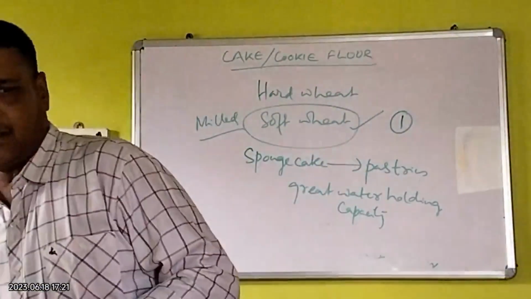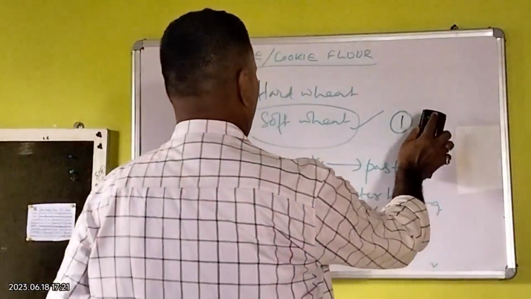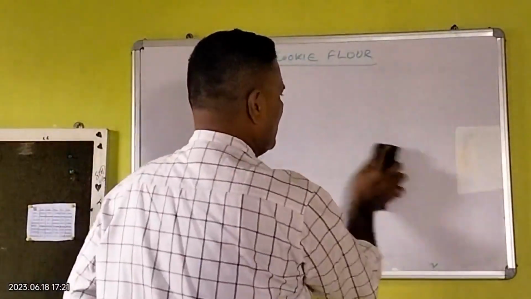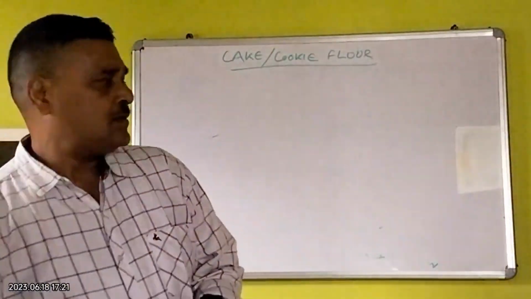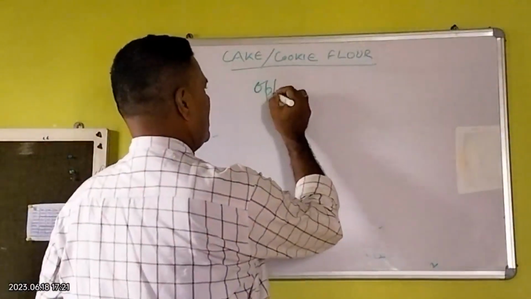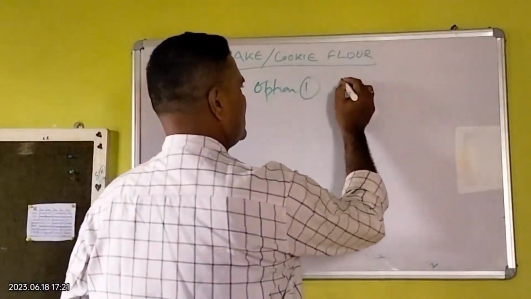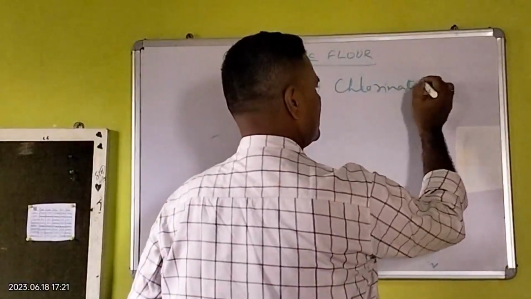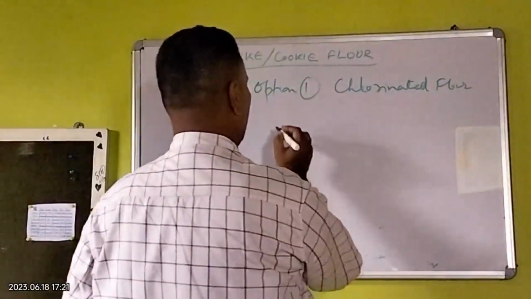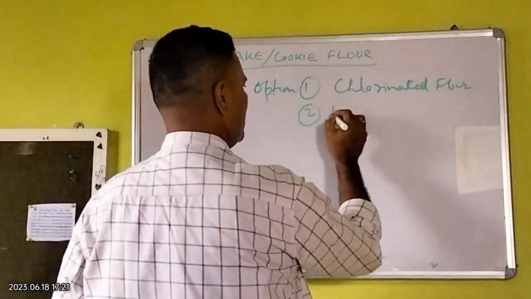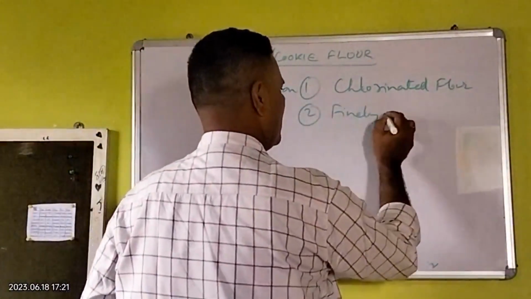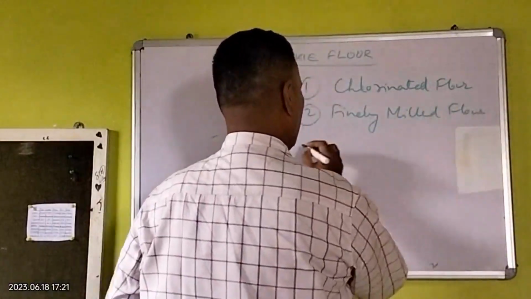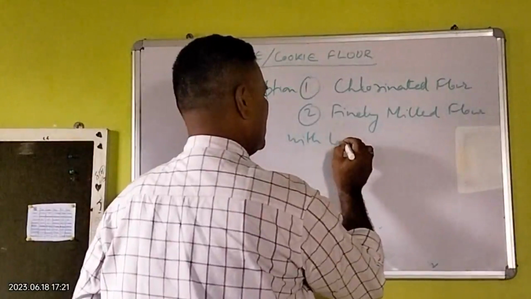For making cake, all the cakes of the universe that I spoke about, there are three options. Option number one is called chlorinated flour. Option number two is finely milled flour with low moisture content.